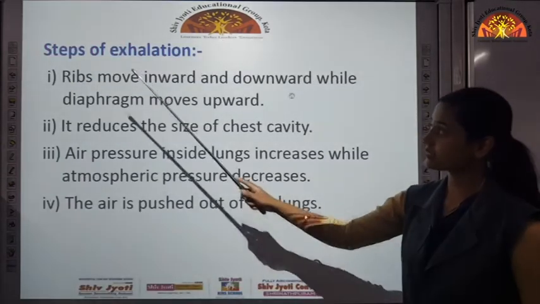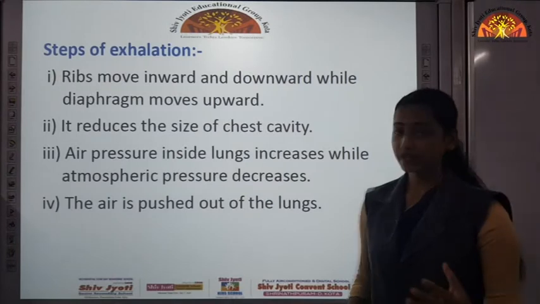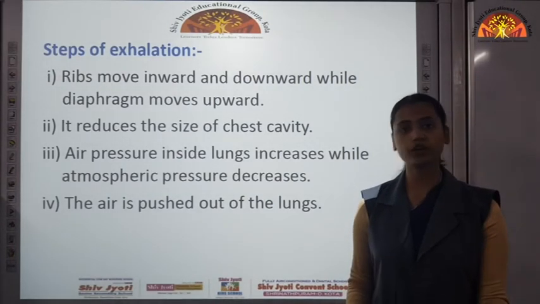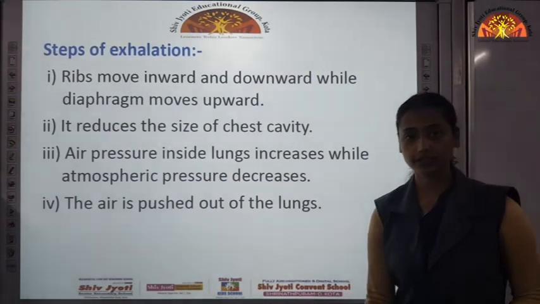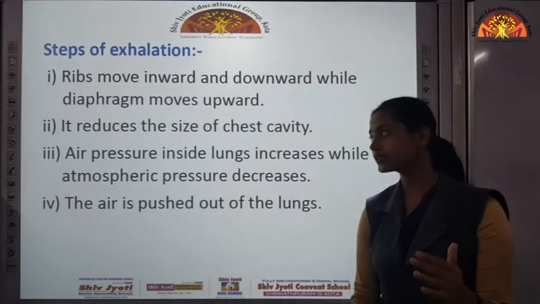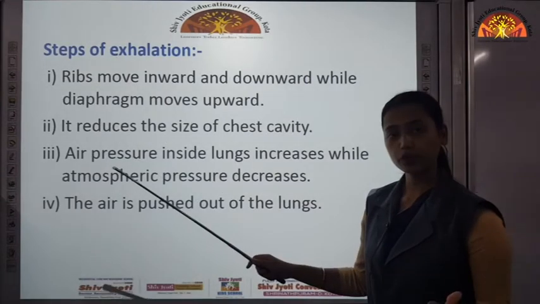Now what are the steps of exhalation? Just opposite. During exhalation, we are giving out that air, so we do not need more space. So ribs move inward and downward, and diaphragm moves upward. So automatically it reduces the size of the chest cavity. Now we will talk about pressure.